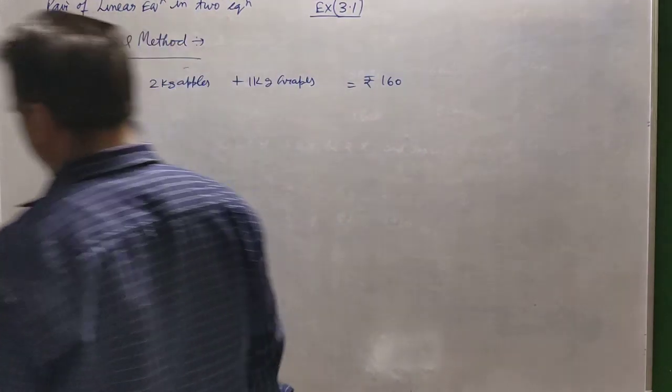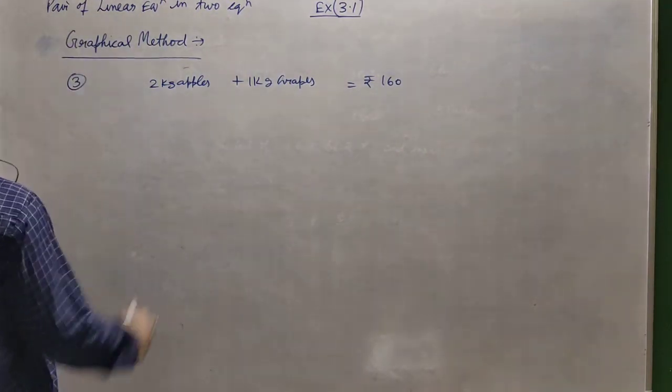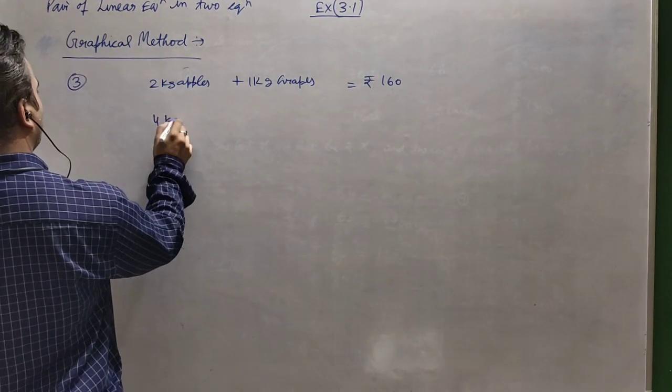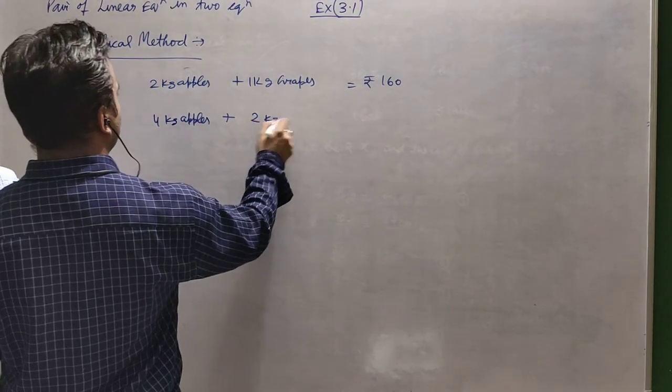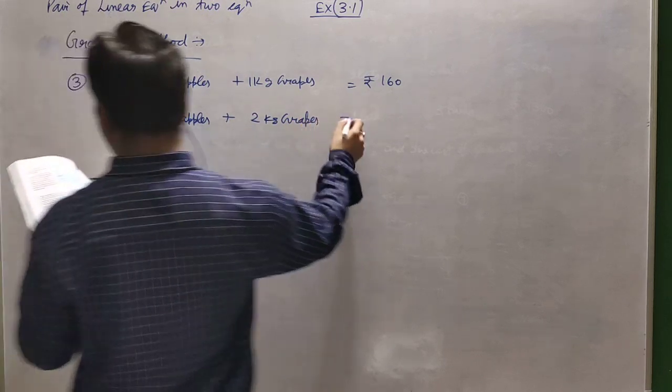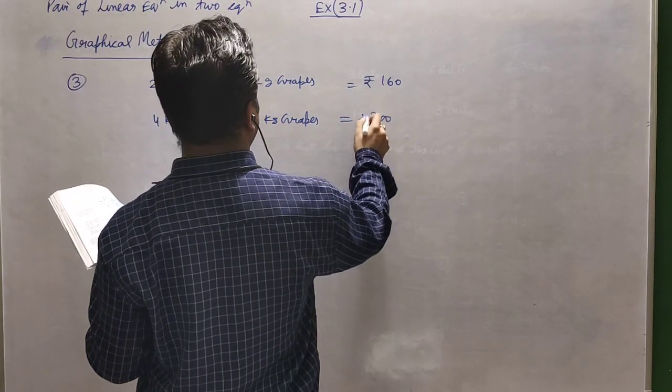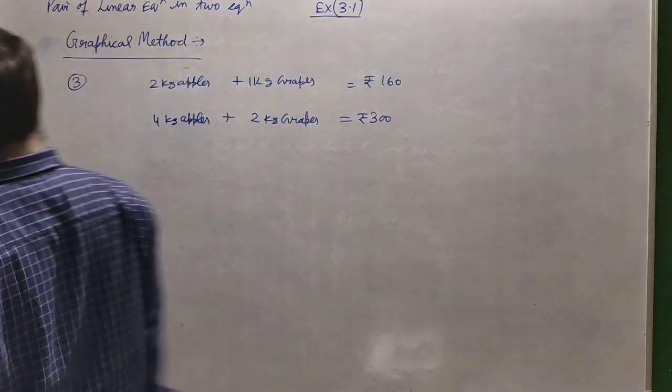I am writing in a simple way. And after a month, 4 kg apples plus 2 kg grapes together make rupees 300. So represent again the situation.